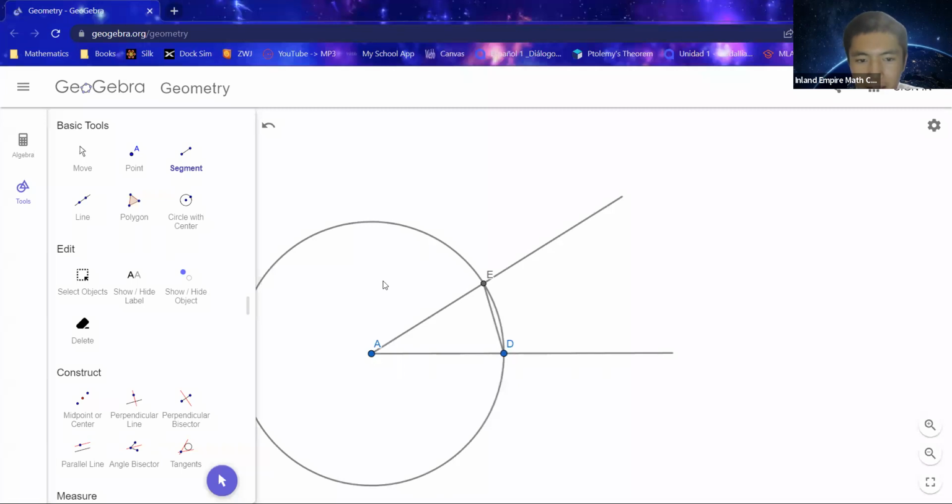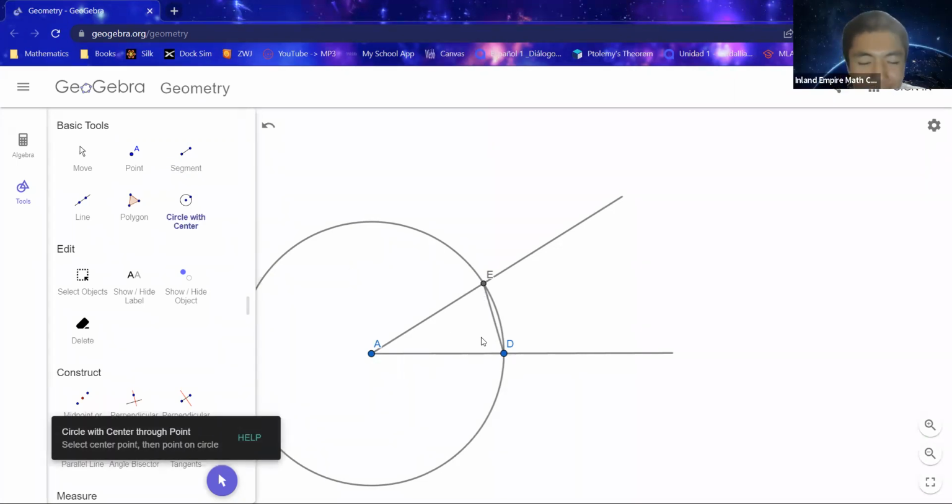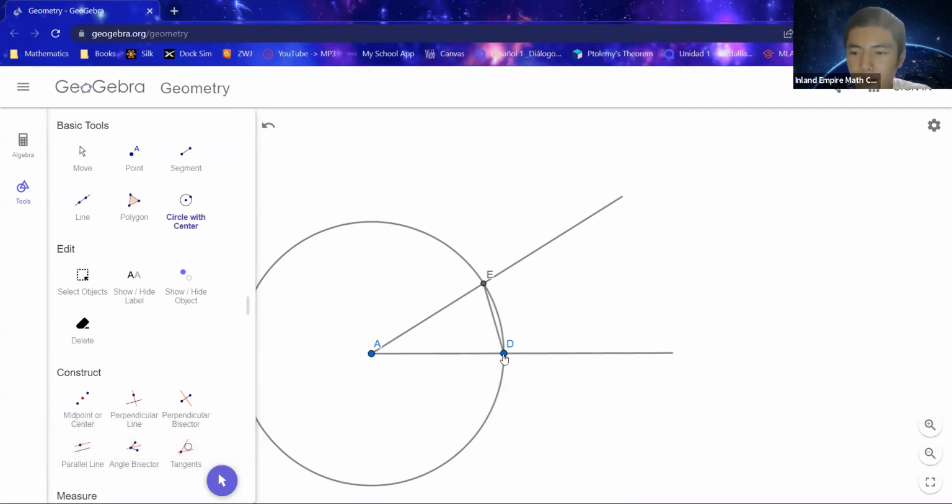So to bisect this angle, we're gonna construct the perpendicular bisector of line ED. Joyce, do you remember how we do that? No. All right, that's fine. Lloyd, you remember? All right, that's fine.